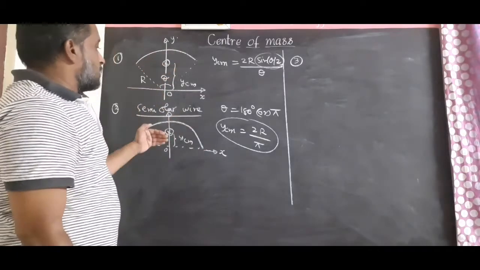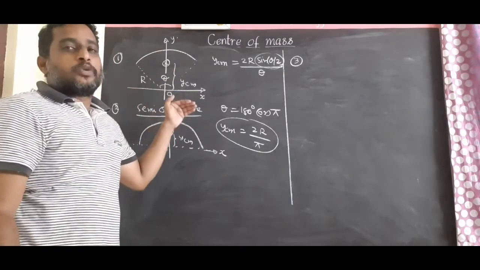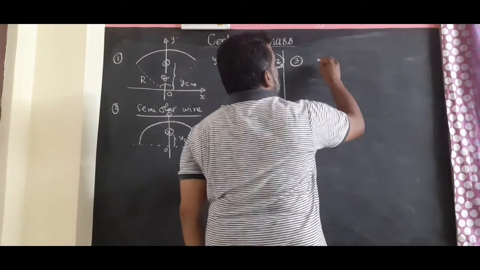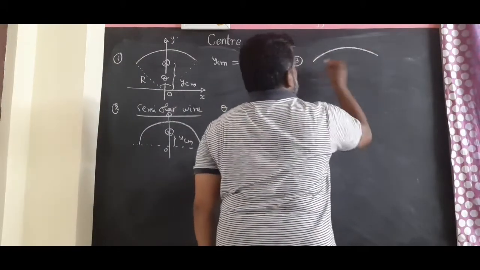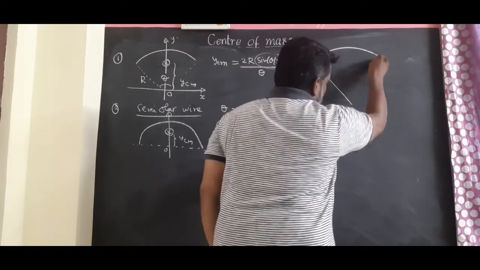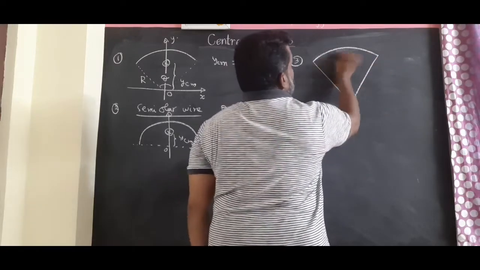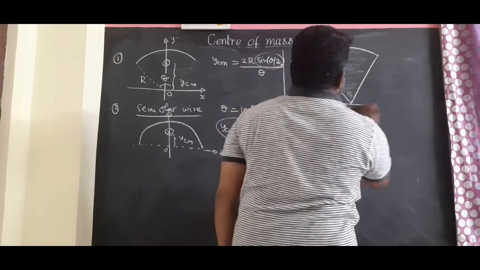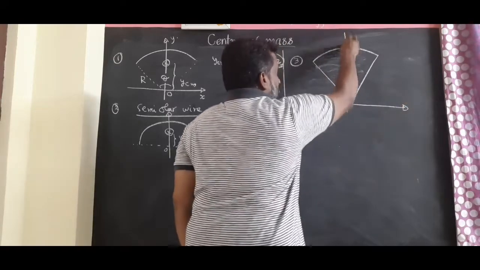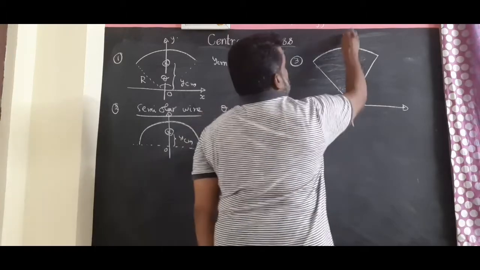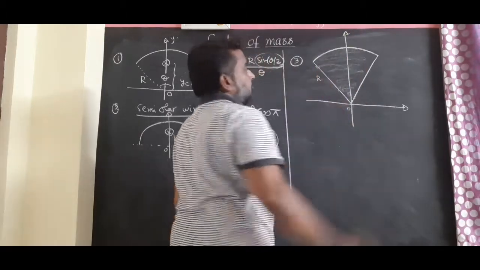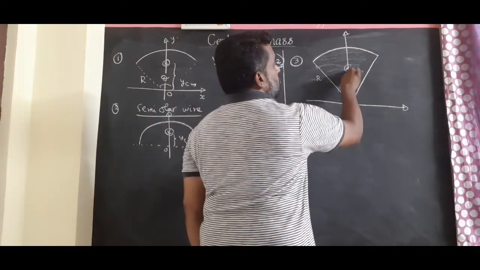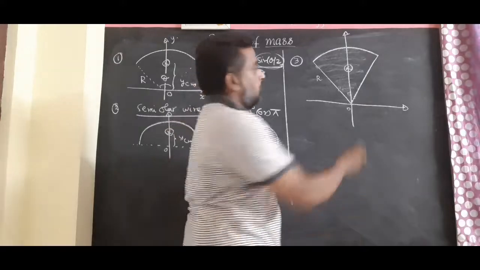These two examples come under linear mass distributed bodies. Come to the third case. Take an example of a sector. It's a surface mass distributed body. This sector is also symmetrical about this y-axis, so the location of the center of mass will be somewhere here in case of a sector.